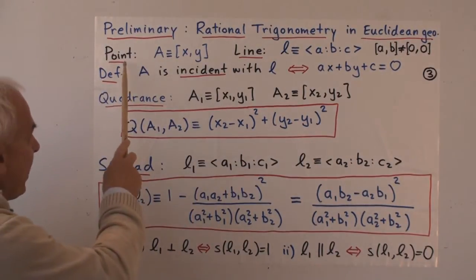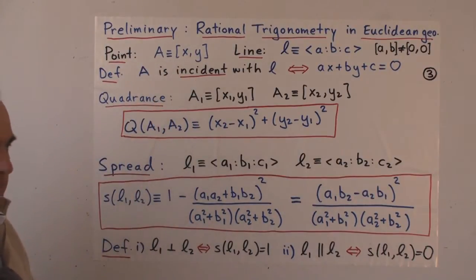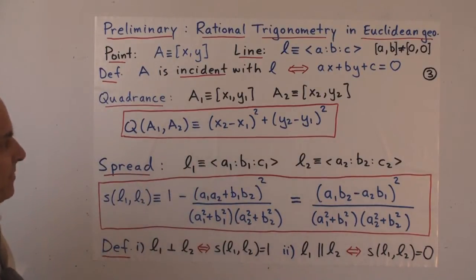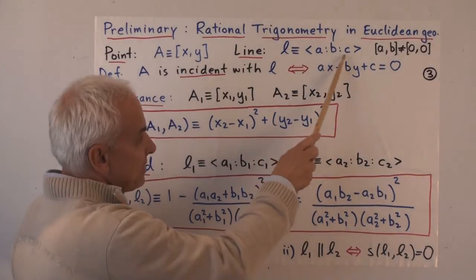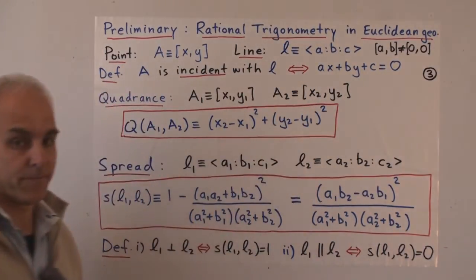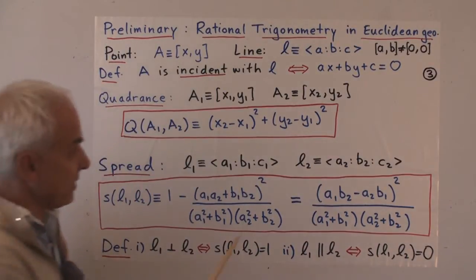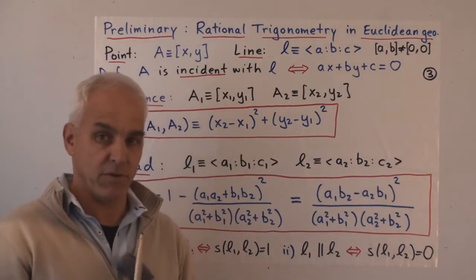So in the plane, a point is by definition a pair of numbers x, y, which just represents a usual point in the xy plane. A line is determined by a proportion a : b : c of numbers in pointy brackets, with a particular requirement that the first two numbers cannot both be 0.